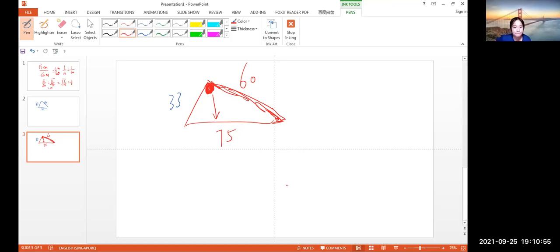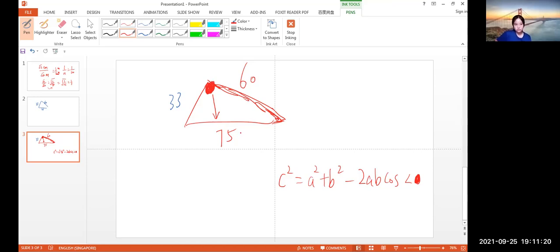You just need to do c square. I'm going to explain to you. C square equal to a square plus b square minus 2ab cosine that angle. Okay, this is your cosine rule. So in this case, the angle is here.